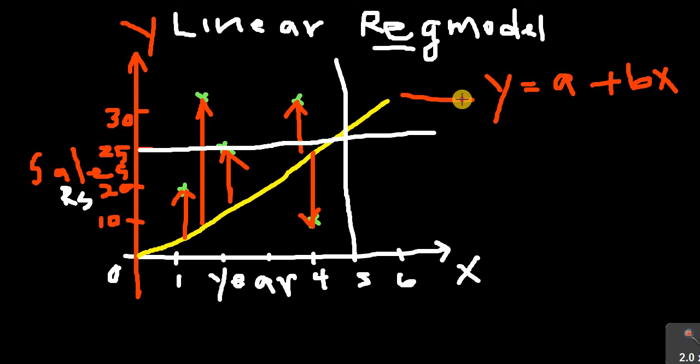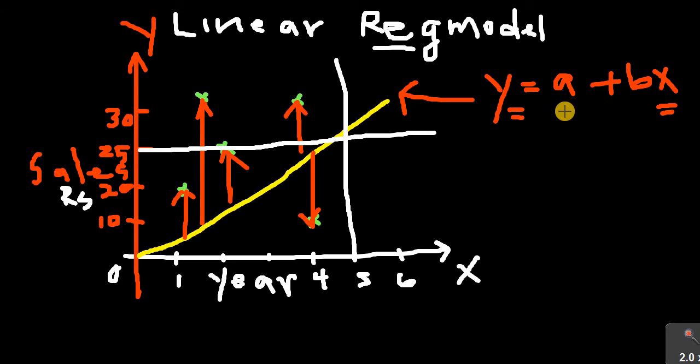If you formulate this particular equation, then for different values of the independent variable, we can get the corresponding dependent variable. So this is what we do here in the linear regression model.